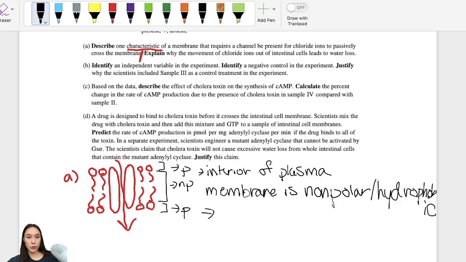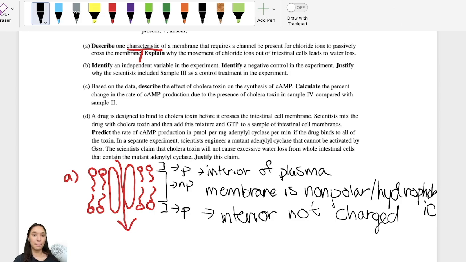That is also going to make it hard for an ion, something charged, to go through. So that's it for the first part of A. You have to say either that it's nonpolar or hydrophobic, or the interior is not charged. That's why a chloride ion cannot go through on its own.